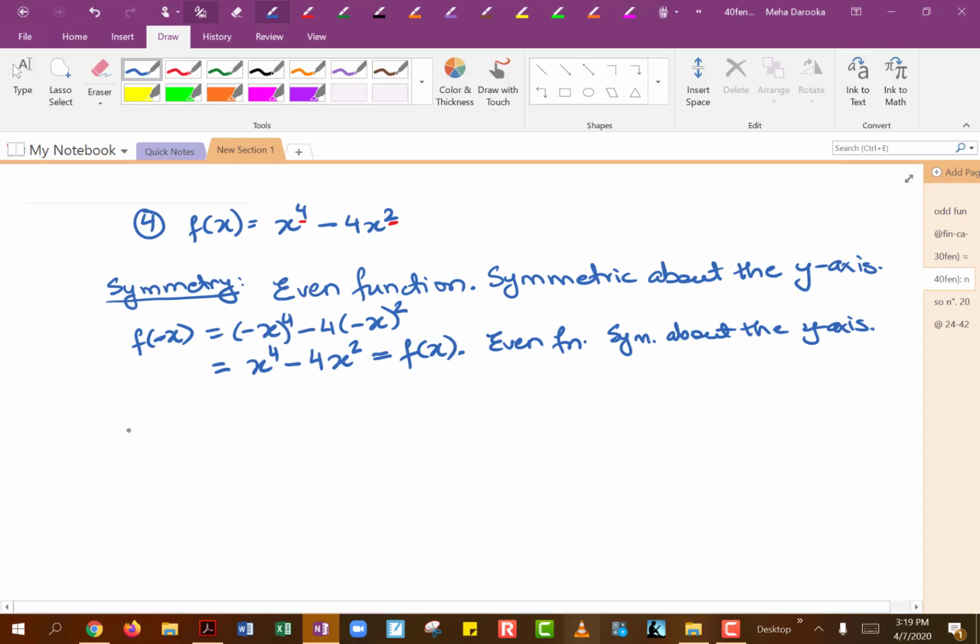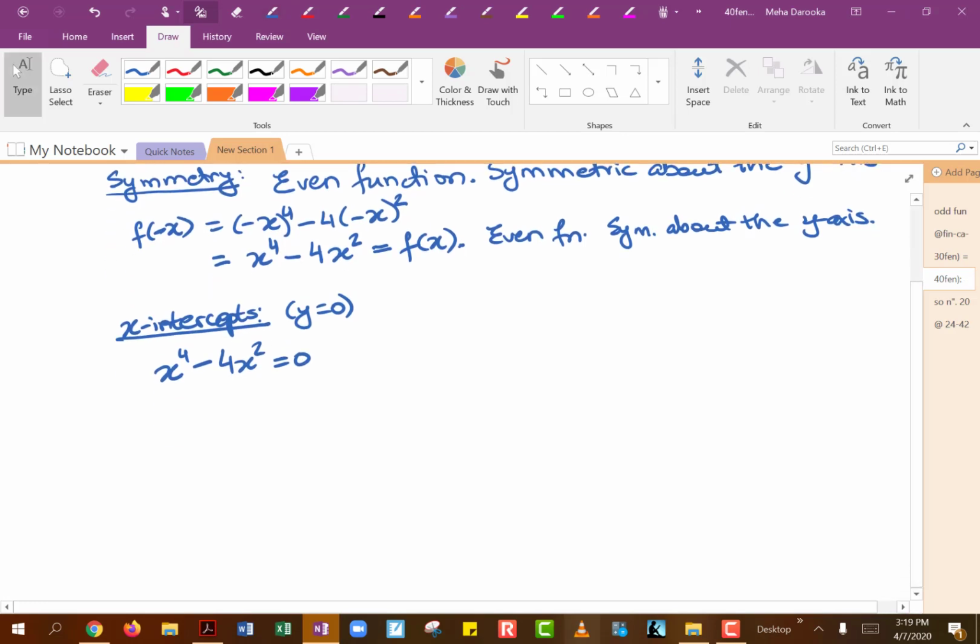Now let's go ahead and find our x-intercepts. So remember, to find the x-intercepts, we set our function equal to 0. So you will have x to the 4th minus 4x squared equals 0. And I would use factoring to solve this, because you can see x squared is common between both our x terms.